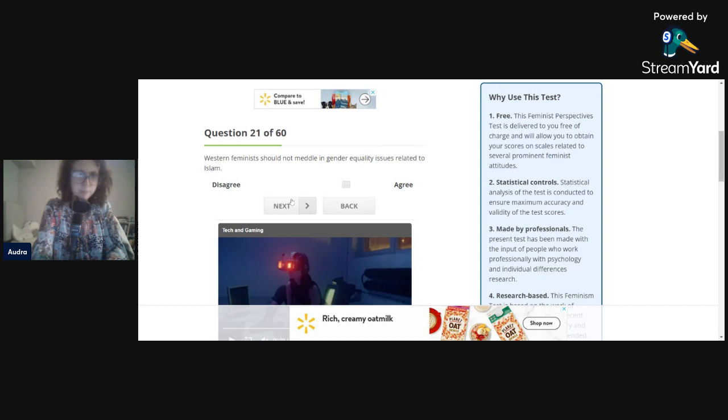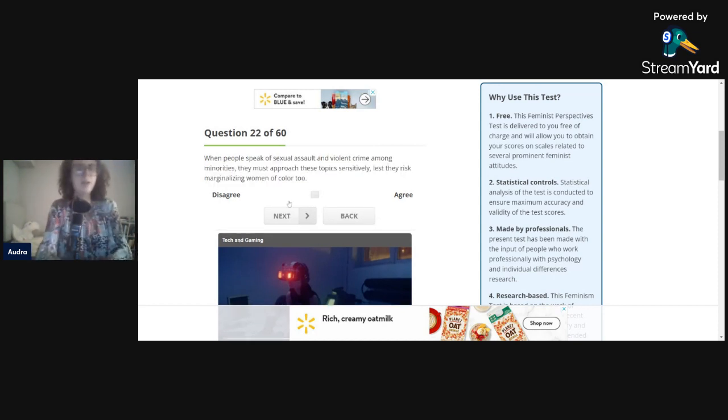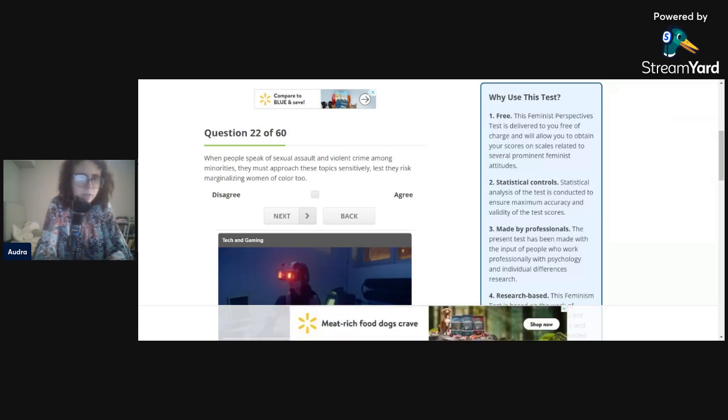Slightly agree. When people speak of sexual assault and violent crime among minorities, they must approach these topics sensitively, lest they risk marginalizing women of color too. Sorry, I didn't entirely register what that was saying.